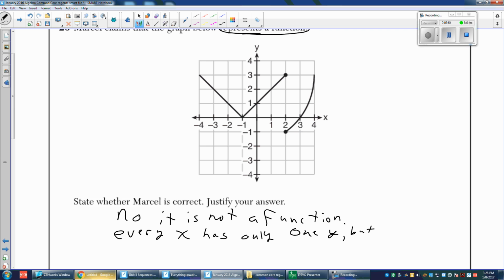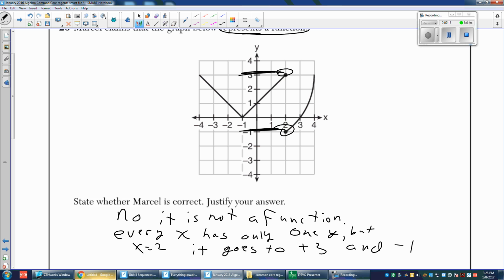But for x equaling 2, it goes to +3 and -1. If you draw that on your test paper, that is fantastic.